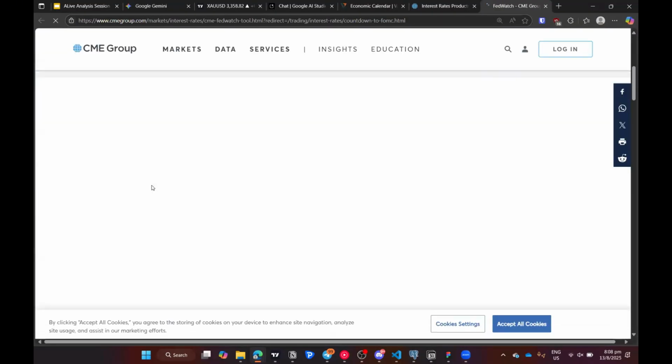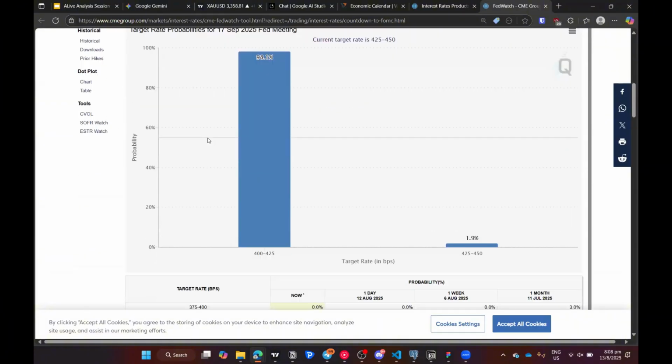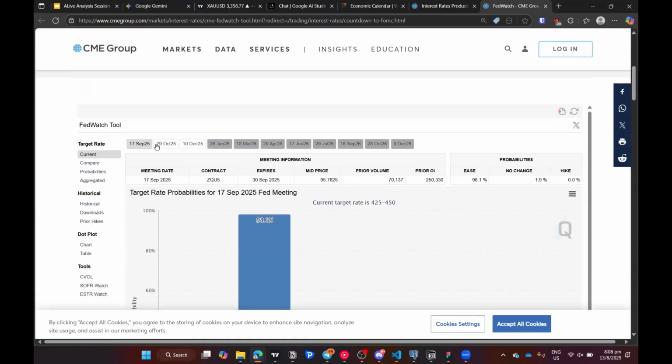So what this tool does is that it basically gives us this table here, and you can filter by the next meeting. So September is the next one, October is the second, and December will be the last FOMC meeting.